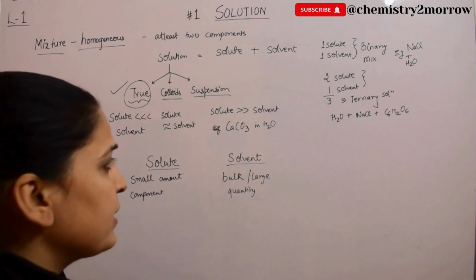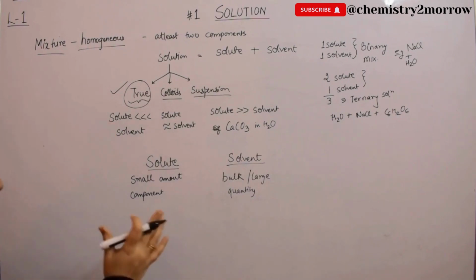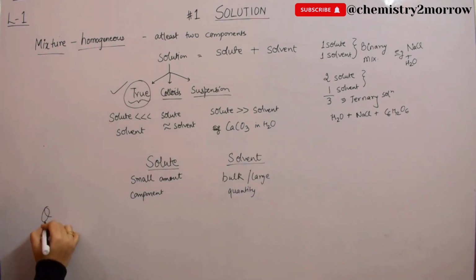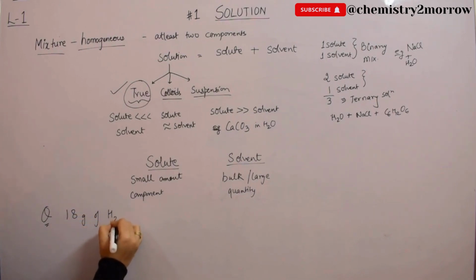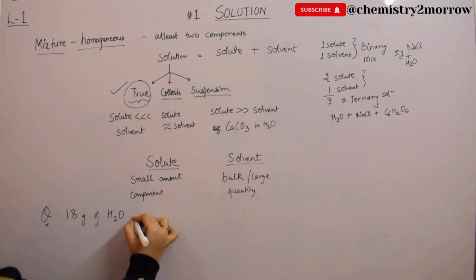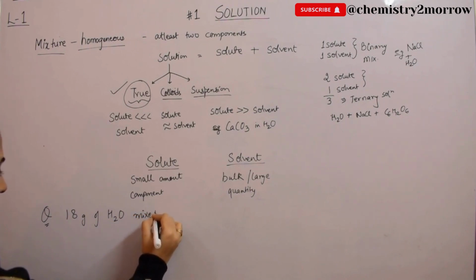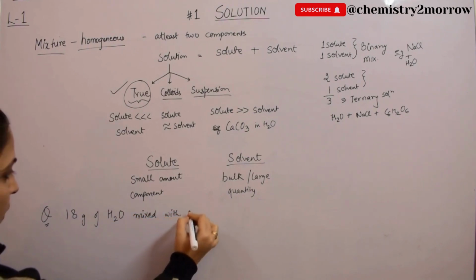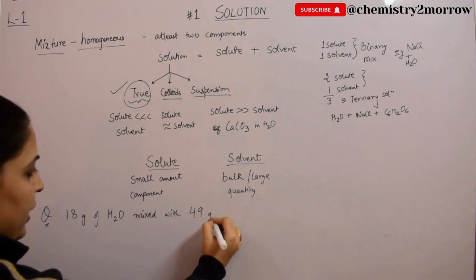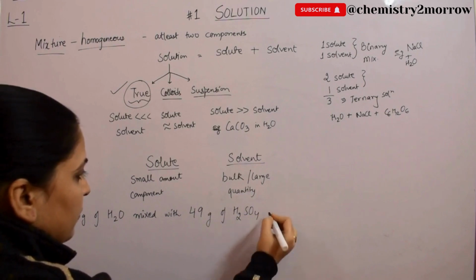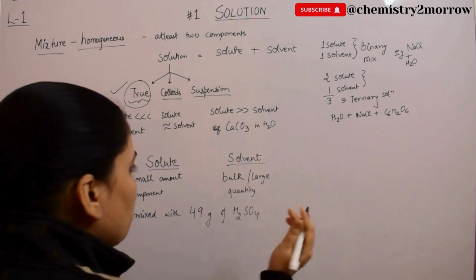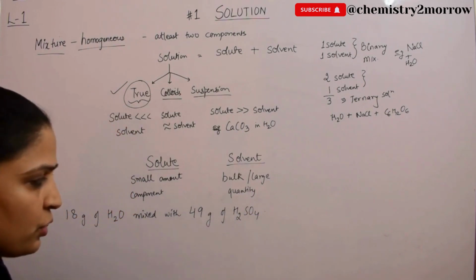Now let us take an example and verify this. What does the amount mean here? Suppose I am mixing 18 gram of water with 49 gram of sulfuric acid. You have to identify which is a solute and which is a solvent.